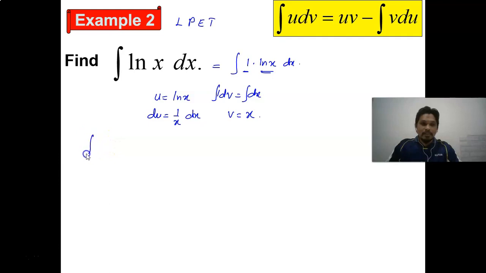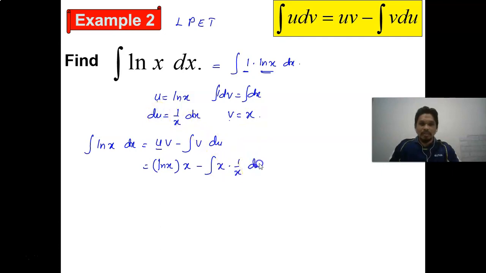So then here, the integral of natural log of x dx equal to uv minus the integral of v du, u equal to ln x, natural log of x, and v equal to x, minus the integral of v, which is x, and du equal to 1 over x dx.